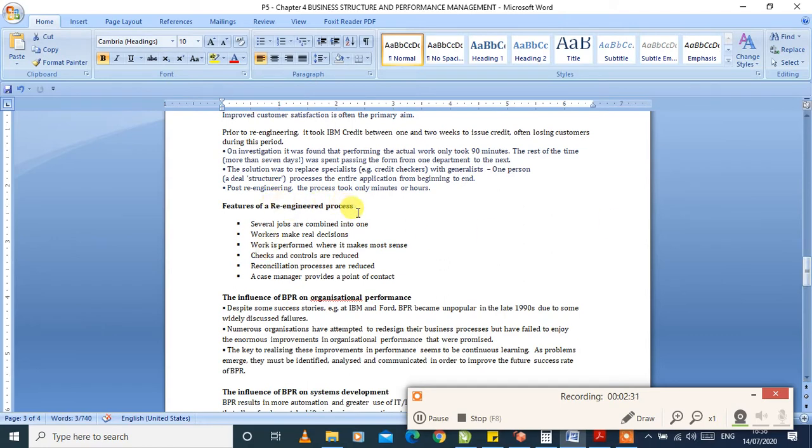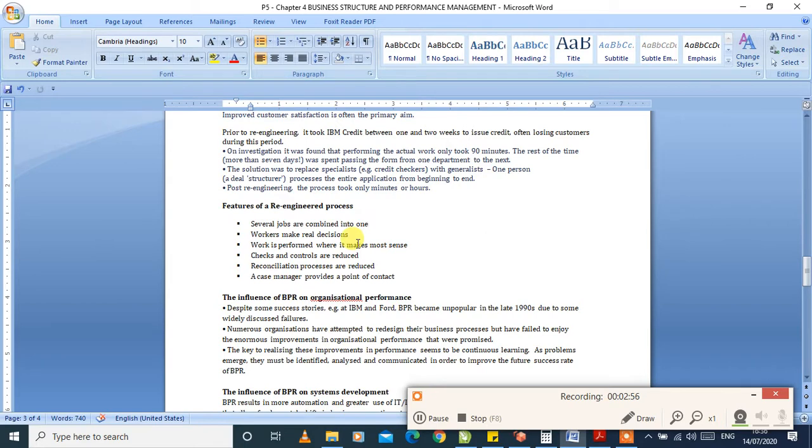Features of re-engineered processes. Have a look at this. Several jobs are combined into one. Sometimes what will happen is after the re-engineering, whatever you had been doing separately earlier, individually earlier, now might be combined into one team or one individual handling it. So the way the jobs were organized is going to be different. Workers make real decisions.